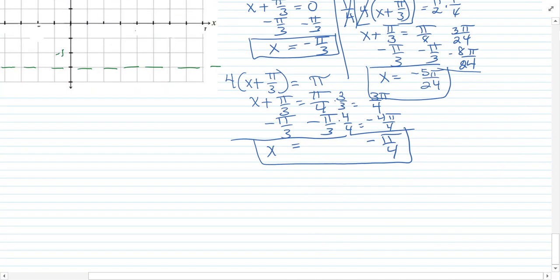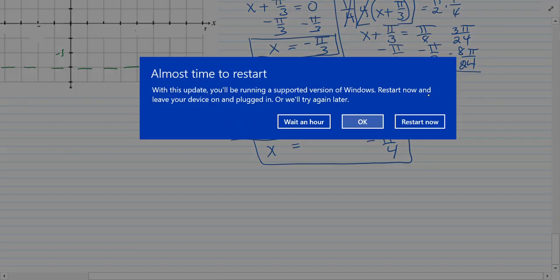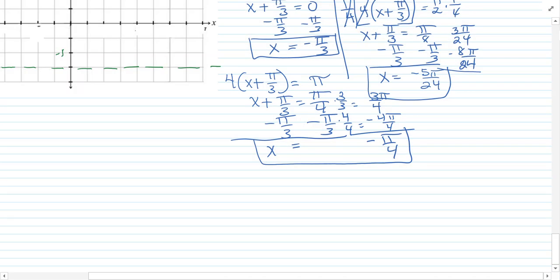And then I'm going to have the next one, which is three pi halves.